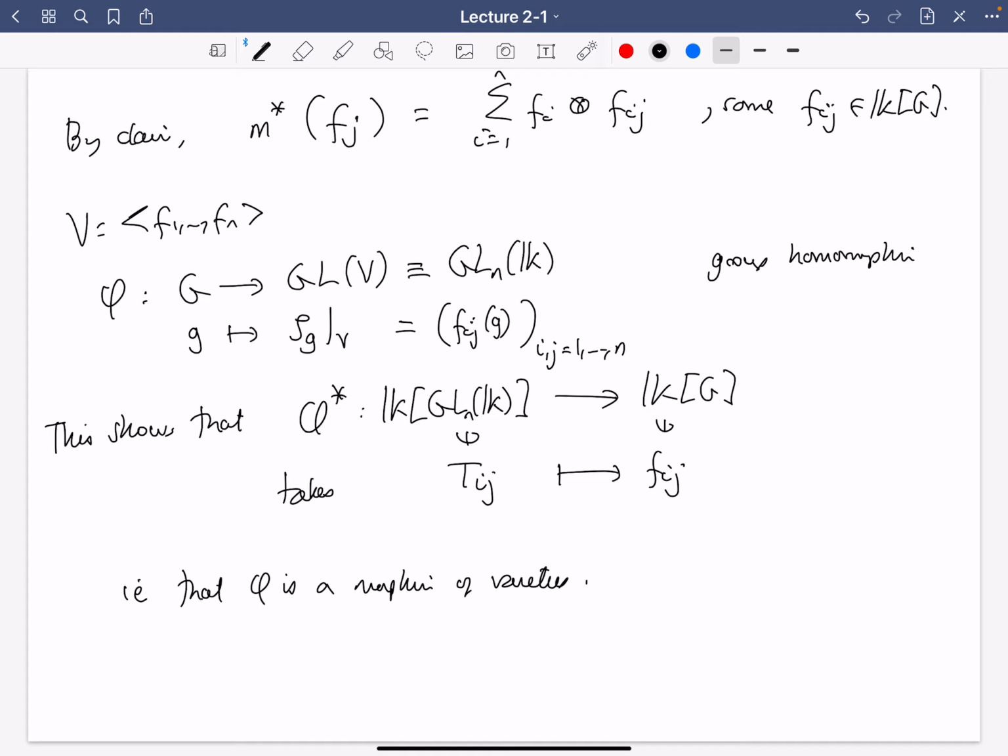So here we have a group homomorphism and a morphism of varieties.